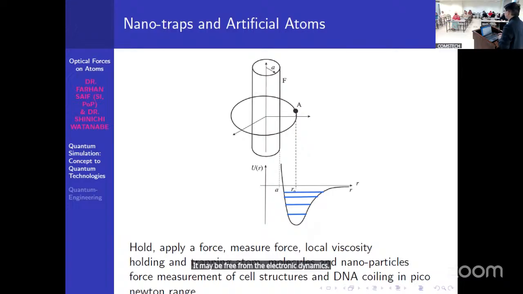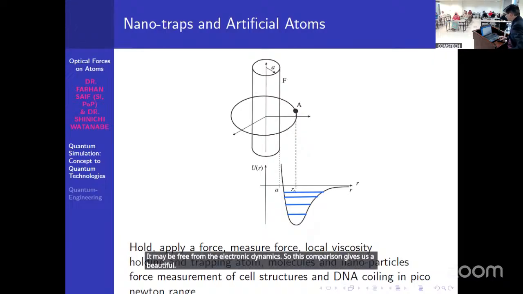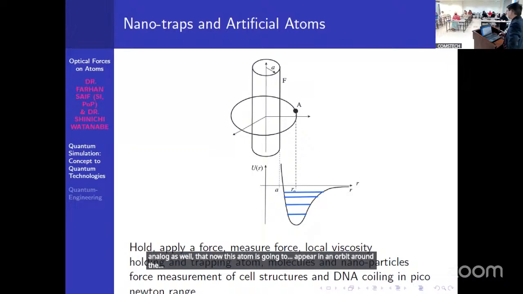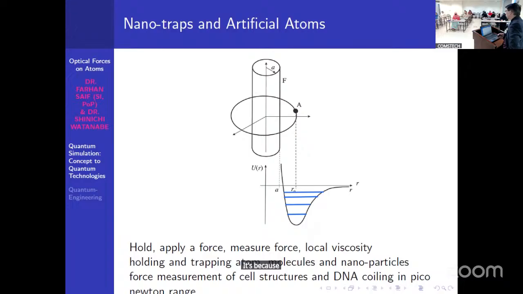So this comparison gives us a beautiful analog as well, that now this atom is going to appear in an orbit around the optical fiber, because it is confined radially. So this orbit is going to be only along the axis of the fiber in the radial direction.